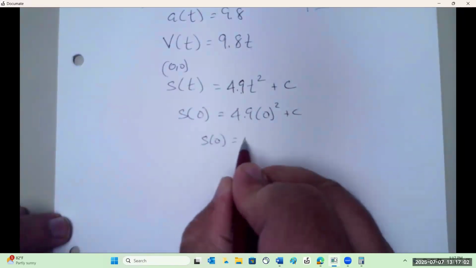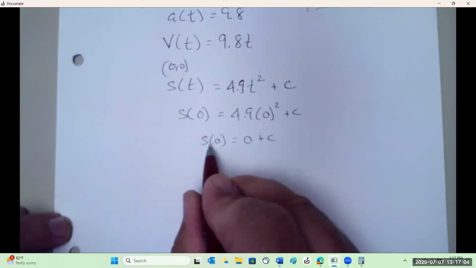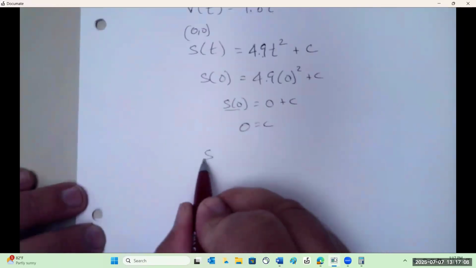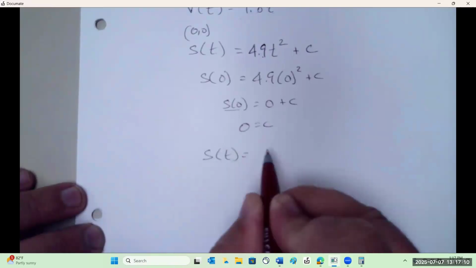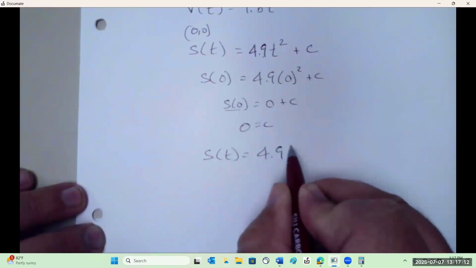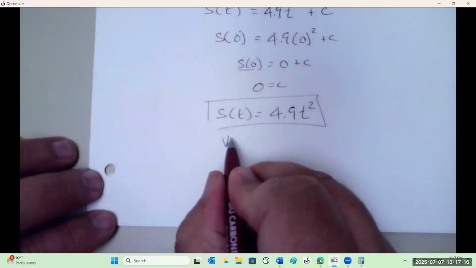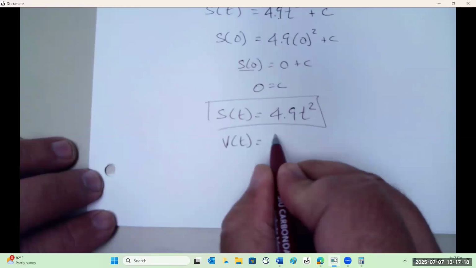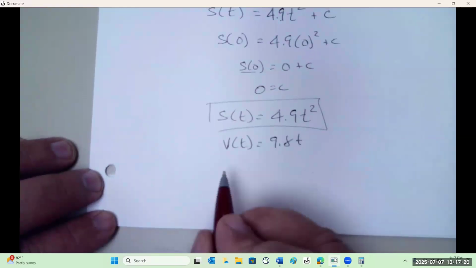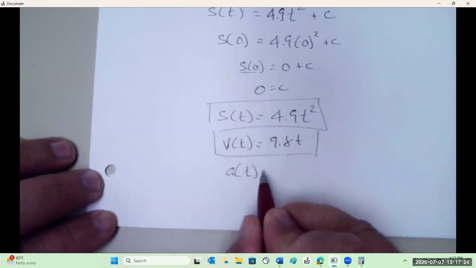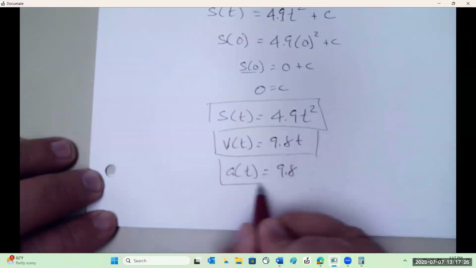S of 0 is 0 plus c. The y value is 0 equals c. So my position function is 4.9 t squared. The velocity function is 9.8 t. And the acceleration function is 9.8.